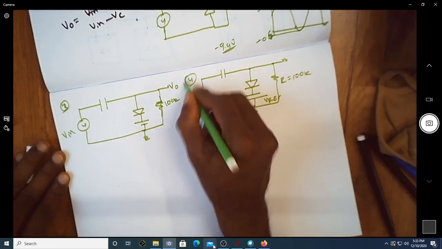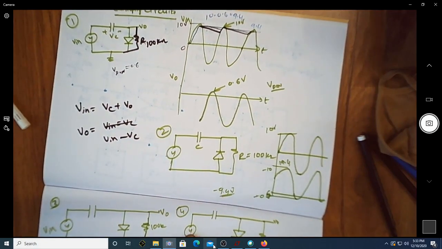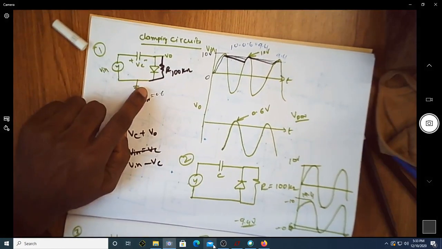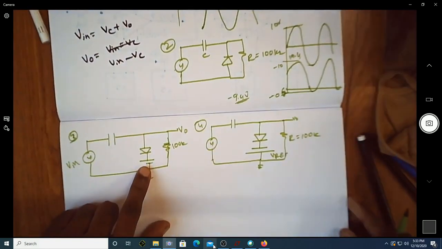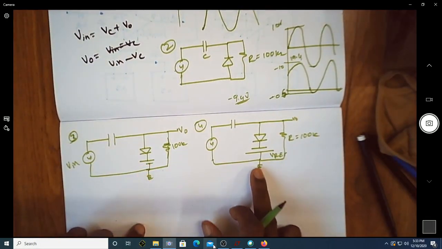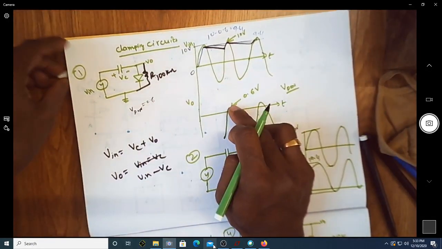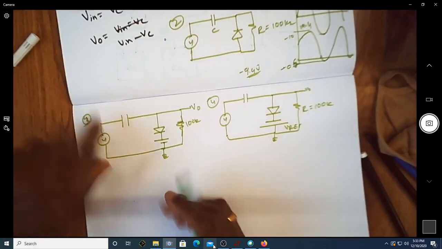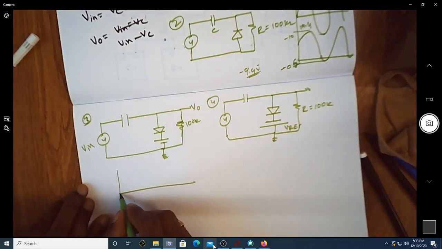This is fourth circuit. You can see 1, 3, 4 are of similar type. Only thing is, the diode direction is same, P here and then N down here. Here you have a positive reference voltage. Here you have a negative reference voltage. For this, we know that the positive peak is clamped to V gamma. Assume that your input voltage is exactly like this.